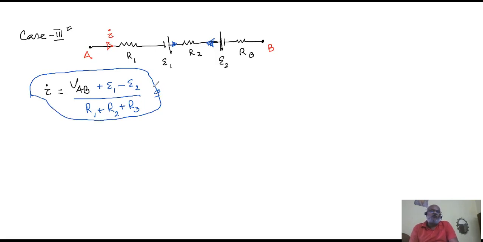We now try to apply this in a practical circuit. Of course, our circuit here given is also practical, but here the things are in symbols, whereas I would like to take a circuit where things are given in numbers and we try to find some answer.